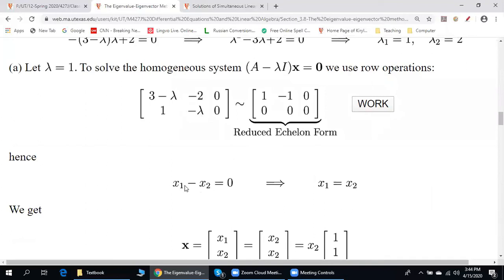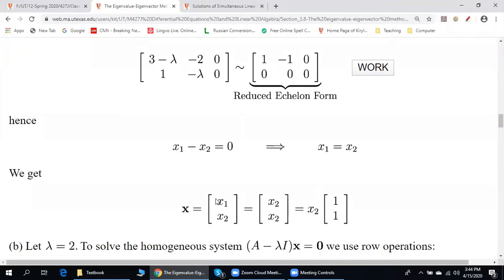In our case, it's just a single equation. We move the free variable to the right, and then x is equal to x2 times 1, 1. Here's a complete description of vectors x that satisfy the following equation: T(x) is equal to 1 times x.